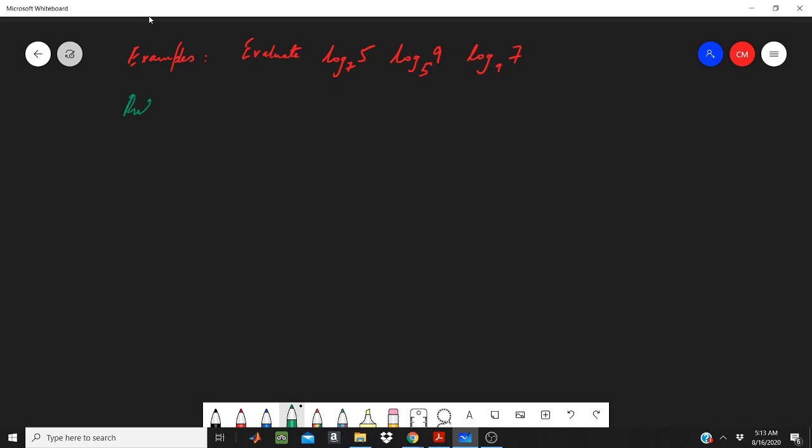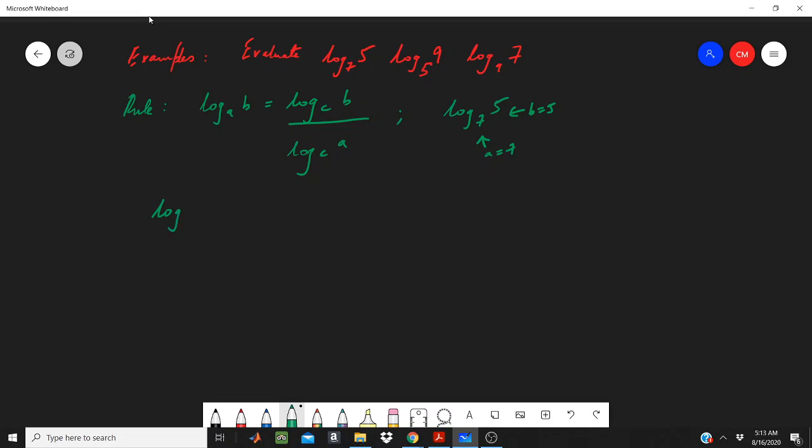The rule is this: log_a b equals log_c b over log_c a. Right now in log_7 5, we see that a equals 7 and b equals 5.